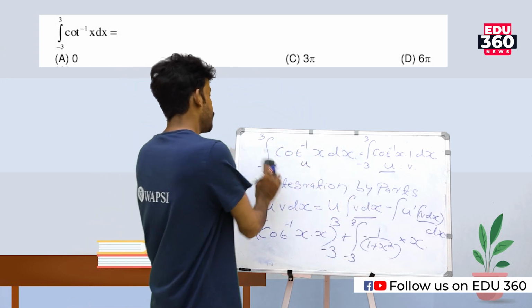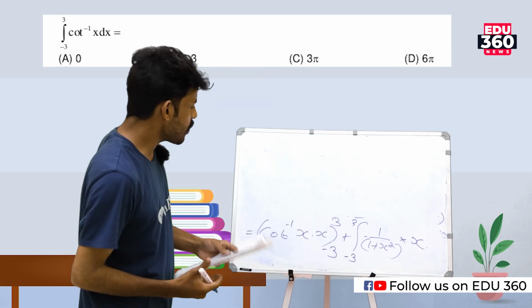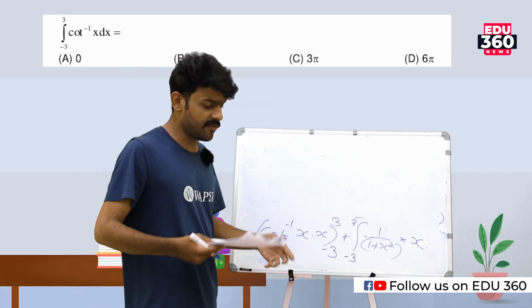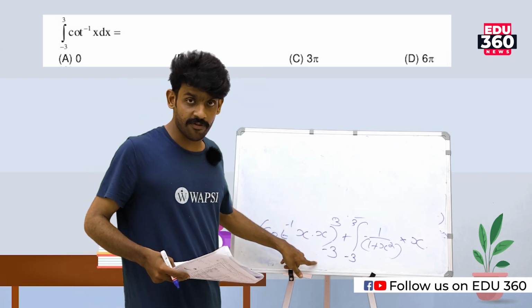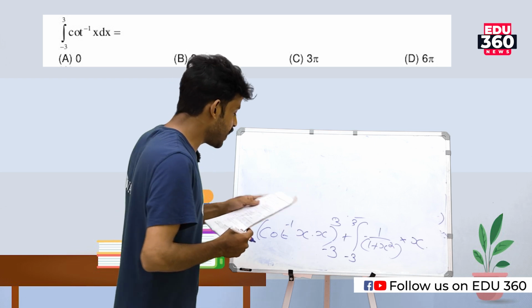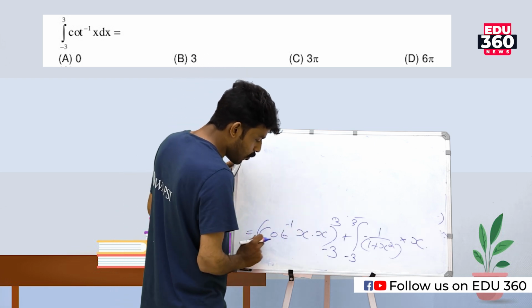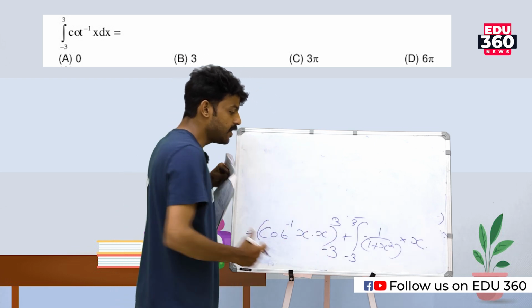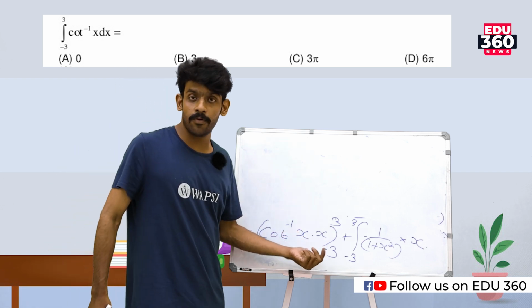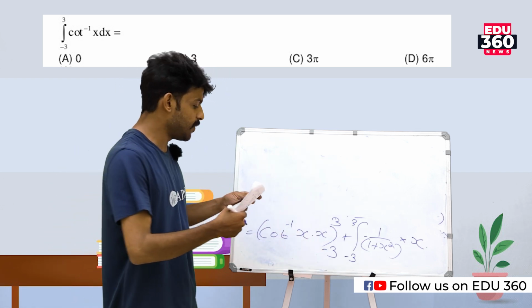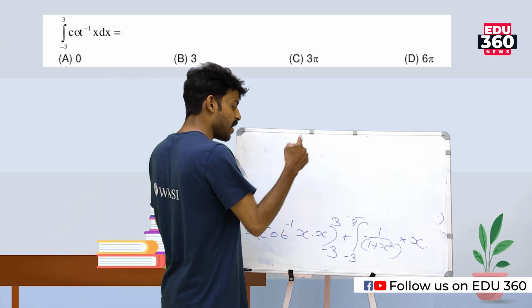In the next step, we substitute the limits. The lower limit is minus 3 and the upper limit is 3. We substitute the limits for the variable x: upper limit minus lower limit.